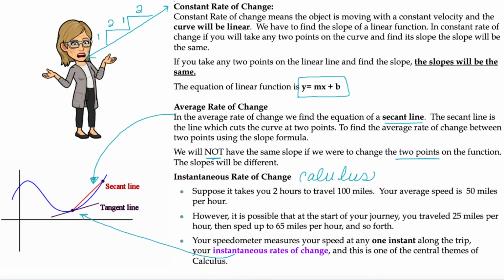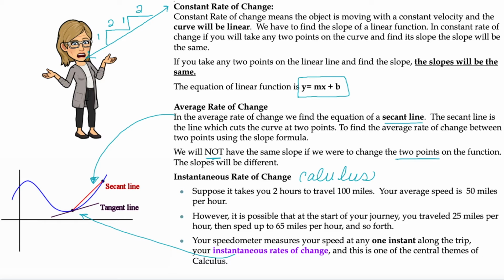So let's say that it takes us 2 hours to travel 100 miles. Our average speed over those 2 hours would be 50 miles per hour. However, we do know that when we're traveling, sometimes we speed up, sometimes we slow down, sometimes we remain constant. So depending upon a specific point in time in my travel, I'm going to have an instantaneous rate of change.